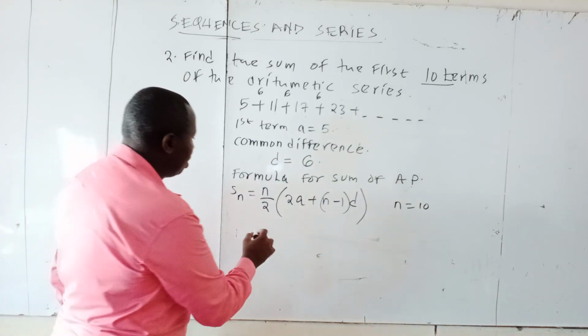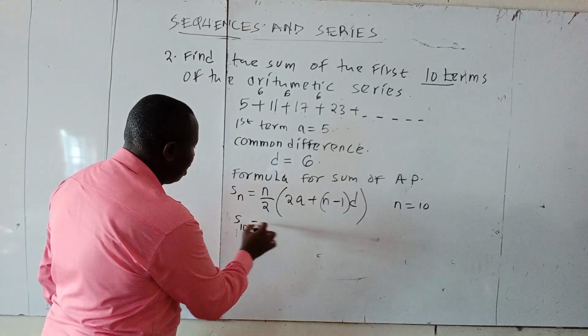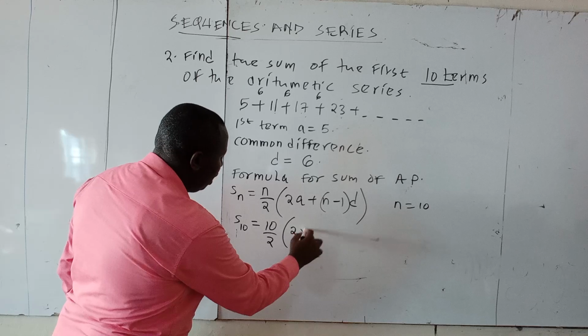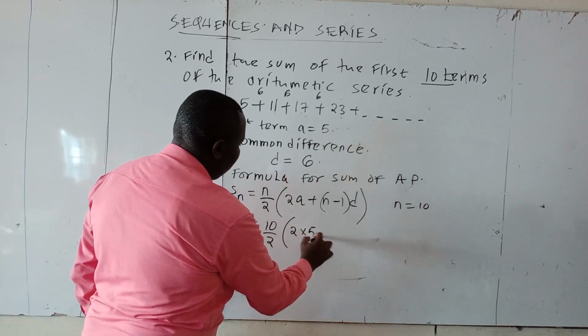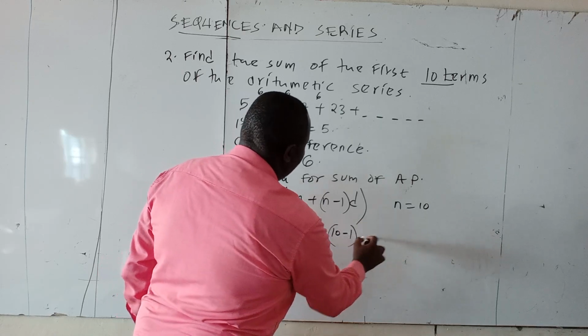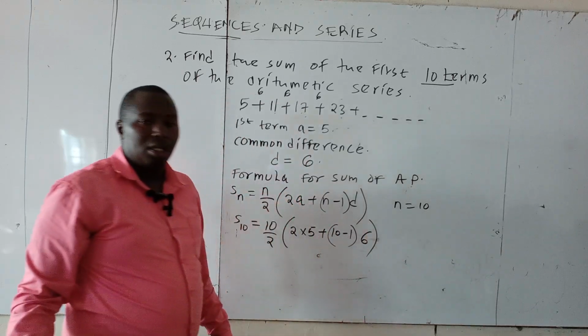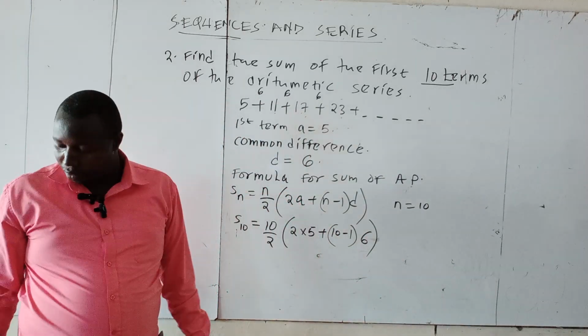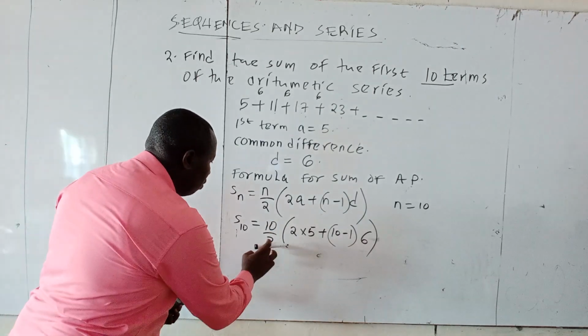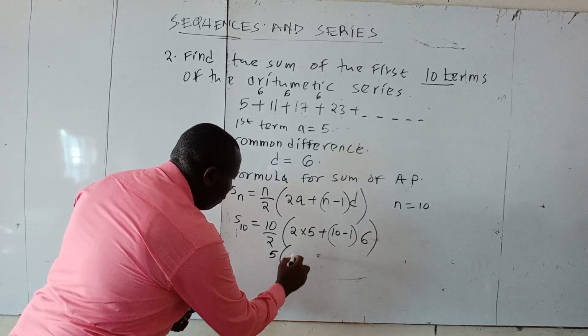Therefore, substitute. S10 equals 10 over 2, into bracket 2 times a, our a is 5, plus n, which is 10 minus 1, times our d, which is 6. So 10 over 2 is 5.